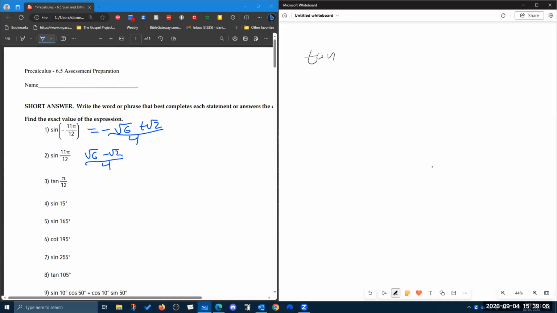Tangent of pi over 12 is going to be tangent of pi over 3 minus pi over 4. It's going to give me pi over 12. That's 60 minus 45 gives me 15. I could also do pi over 4 minus pi over 6 if you wanted to do that.